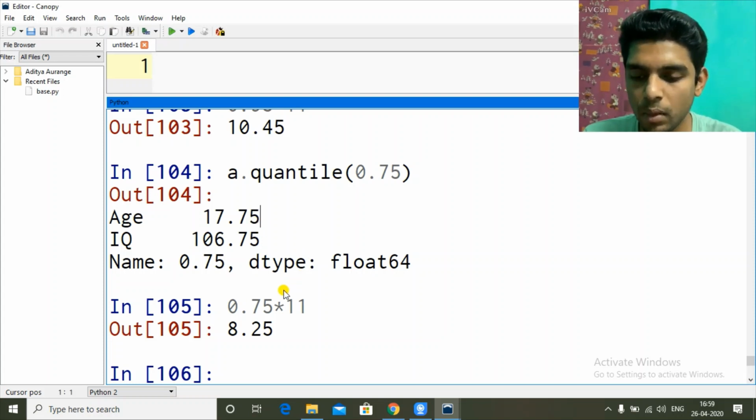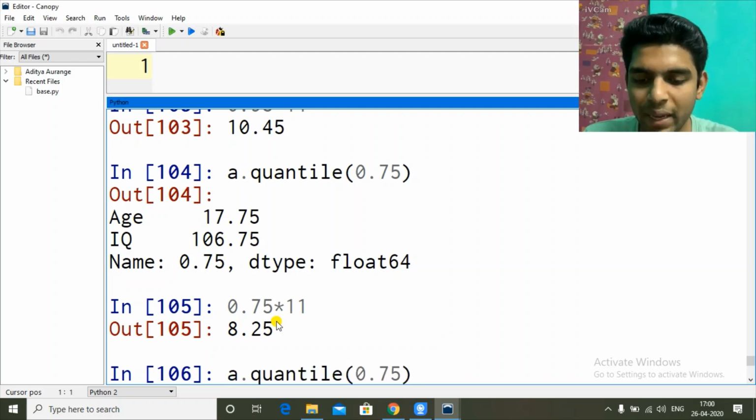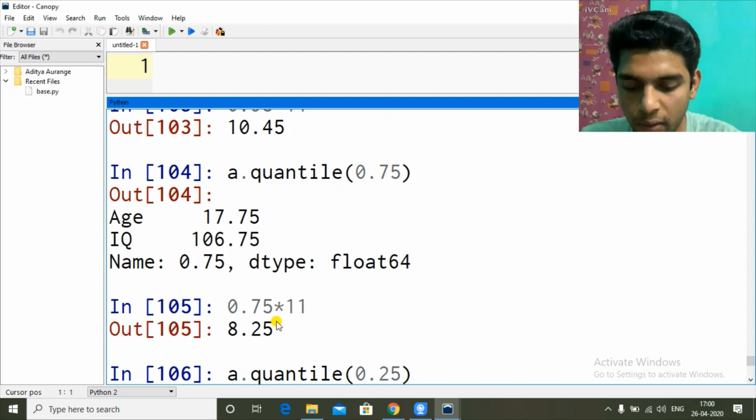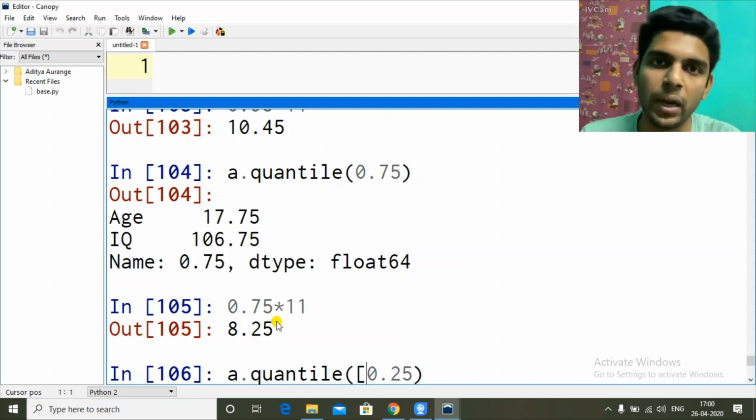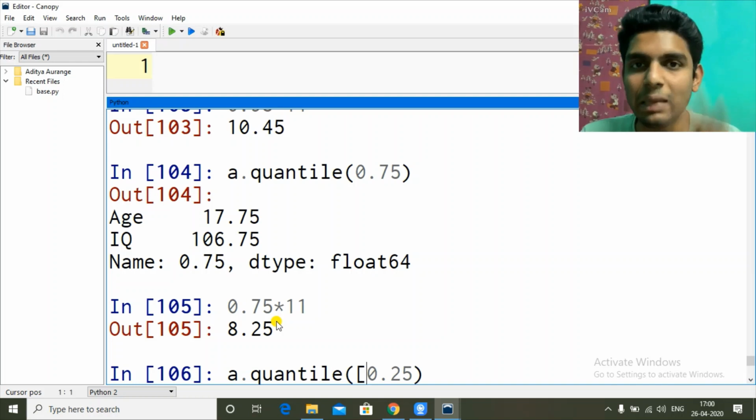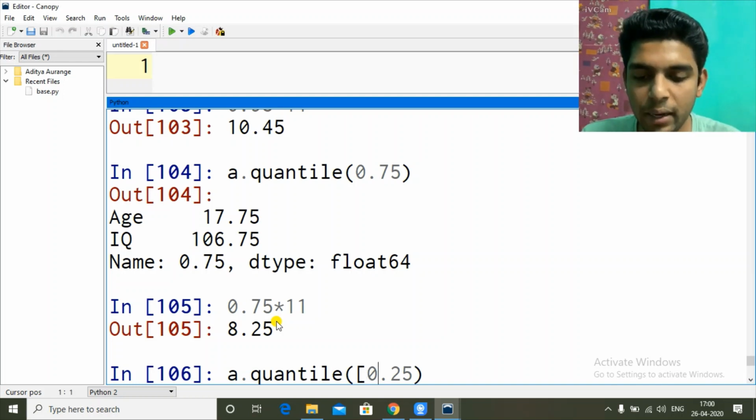Okay. So as for this function in the data frame, this is how it works. At a time, we can find the quantile for one value. We can also give, let's say, a quantile at 0.25. If we want to find multiple quantiles, okay, so I want quantiles at 0.3, 0.4, 0.5, instead of running it 3 times, we can run it once only.